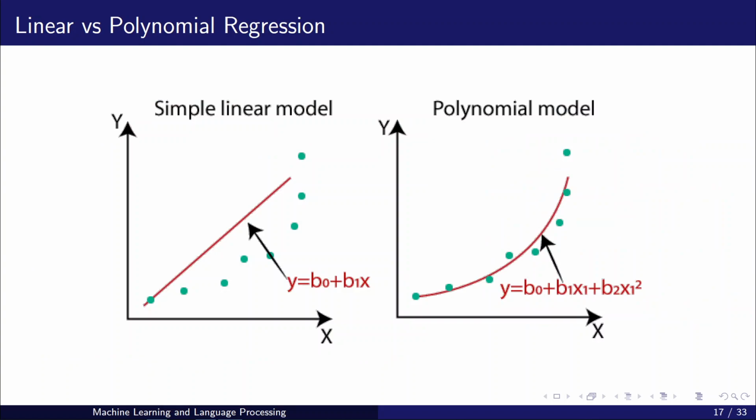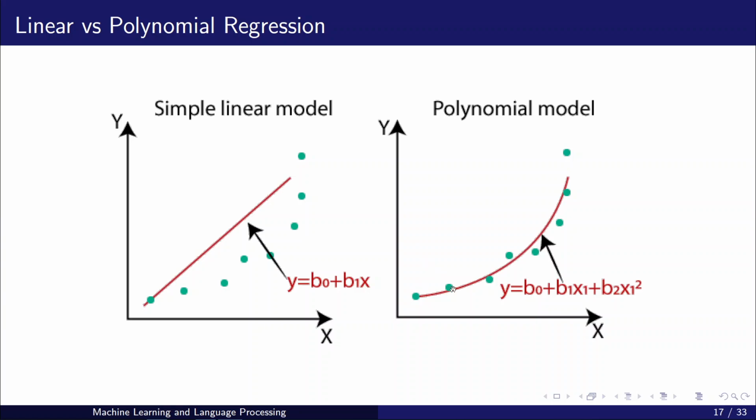Previously, in our data we were able to fit a line. Let's look at this data. For this data also we can try to fit a line, but fitting a line on this sort of data is going to give you more error because the data is not clearly fitting onto a line.